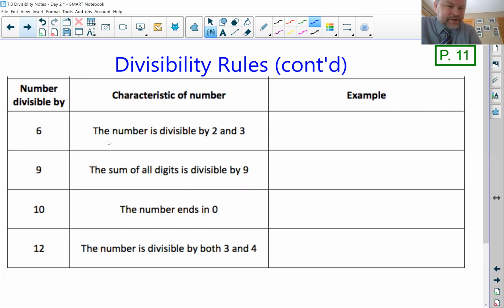So in other words, the number has to be even and the digits add to a number divisible by 3.